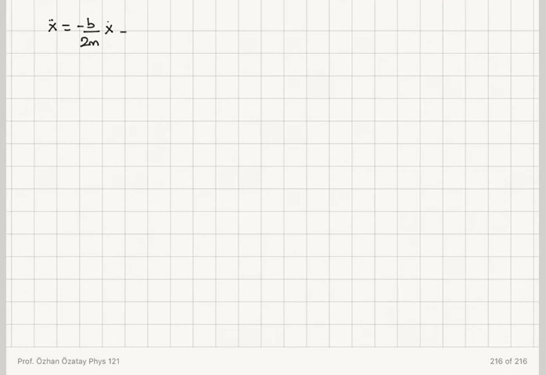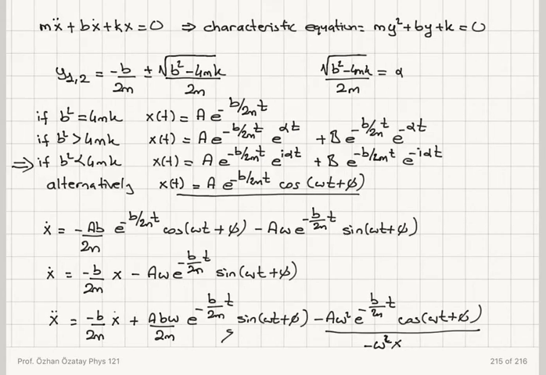So I have minus omega squared x plus a b omega divided by 2m e to the minus b over 2m t sine omega t plus phi. So that is this term here.